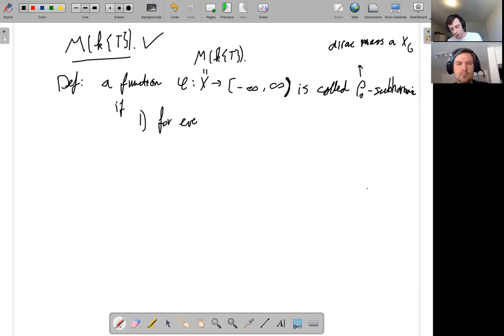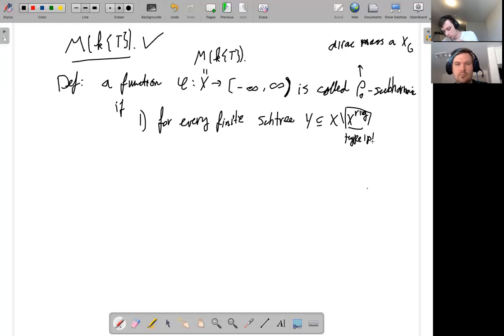for every finite subtree of X rig, which is just a collection of type 1 points, containing the Gauss point xg, the function restricted to the tree is continuous.